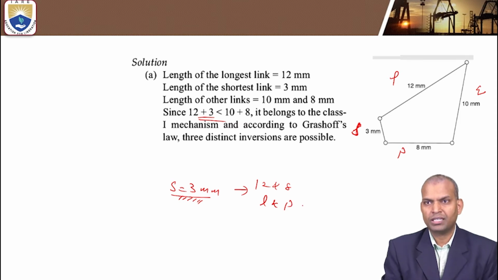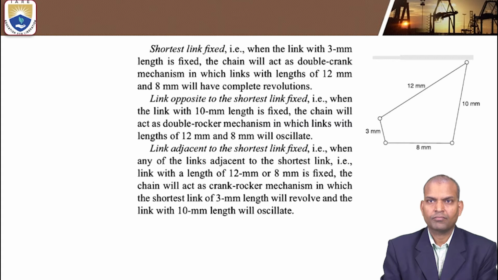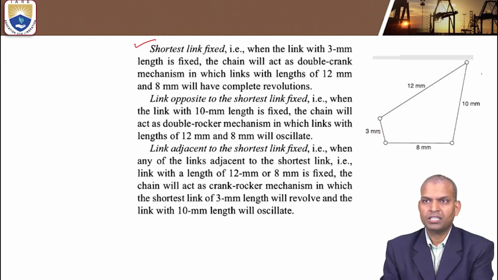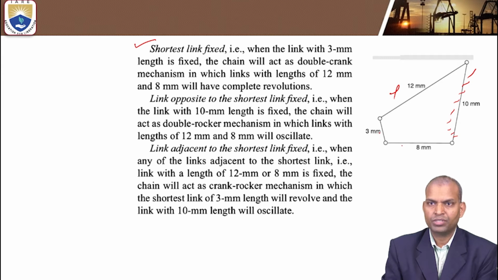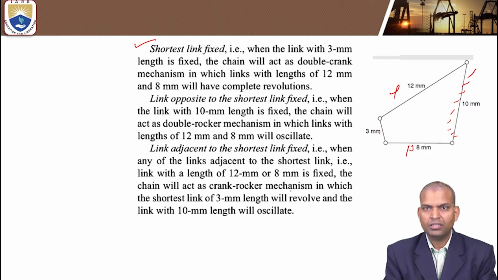That's why it is called a double crank mechanism. And if the link opposite to the shortest link is fixed, the link opposite is 10 millimeters. Then the 12 and 8 millimeter links, L and P, act as rockers, with oscillations. That's why it is called a double rocker mechanism.